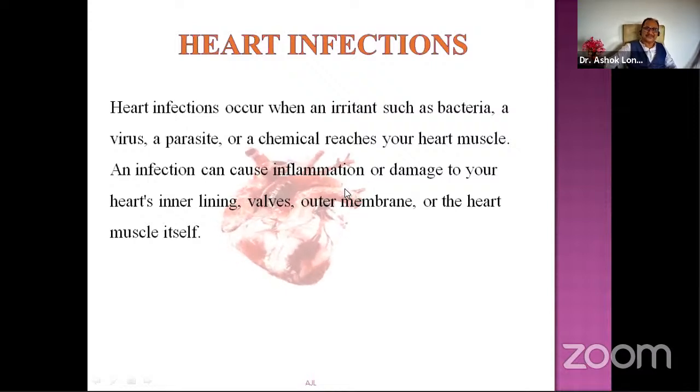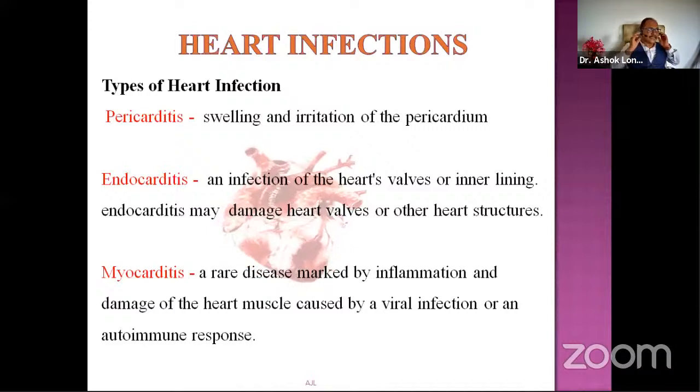An infection can cause inflammation or damage to your heart's inner lining. The inner lining of the heart is nothing but the endothelial lining. The endothelial lining, which we usually talk about for the arteries, is the same in the heart also. So you must know this. The endothelial lining is very delicate, and so the infection will give you irritation. Irritation will give you inflammation, and inflammation will give you infection.